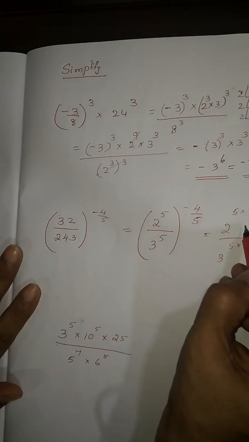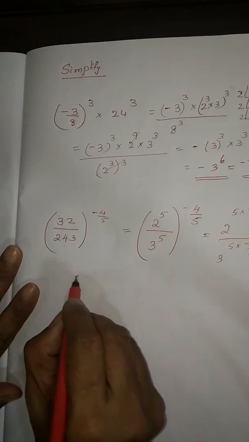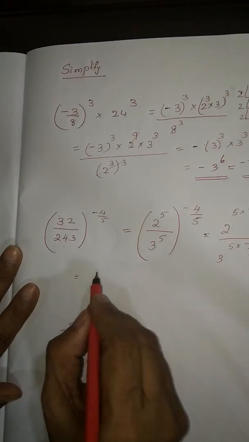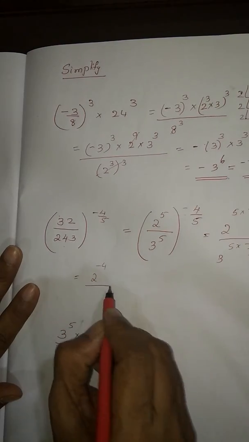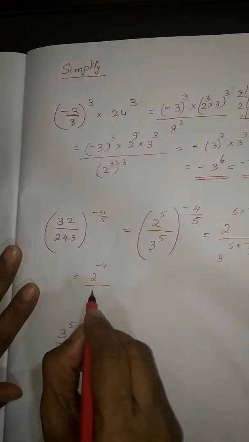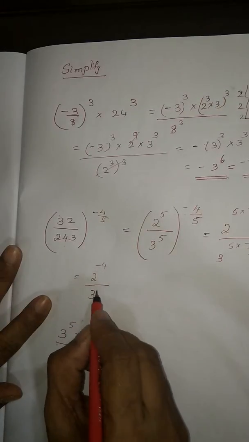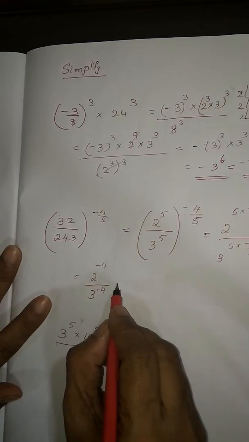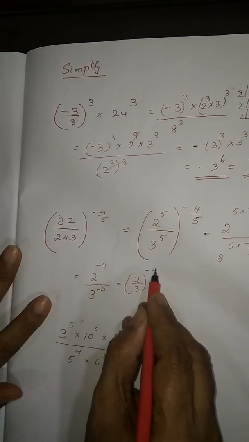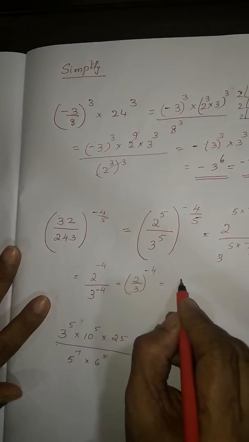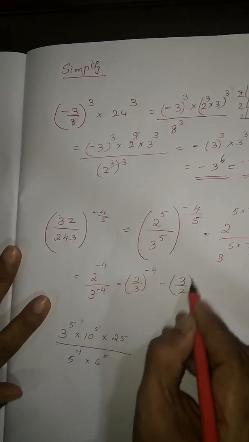So the 5 and 5 will get cut. So this will become 2 to the power of minus 4 by 3 to the power of minus 4. So this can be written as 2 by 3 to the power of minus 4. That is equal to 3 by 2 to the power of 4.